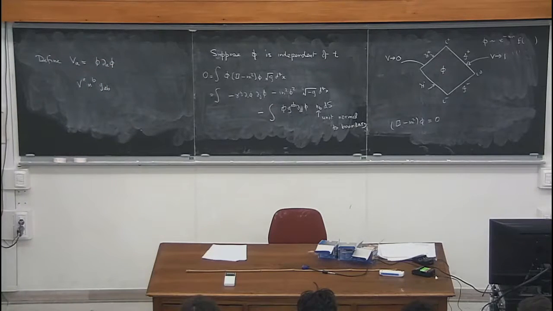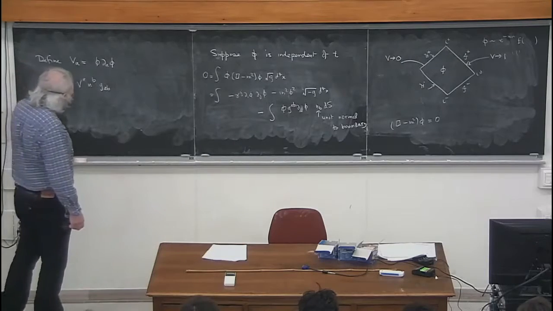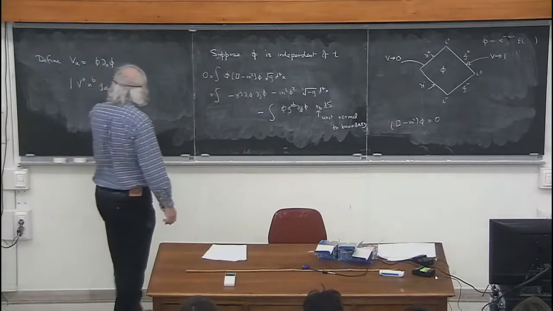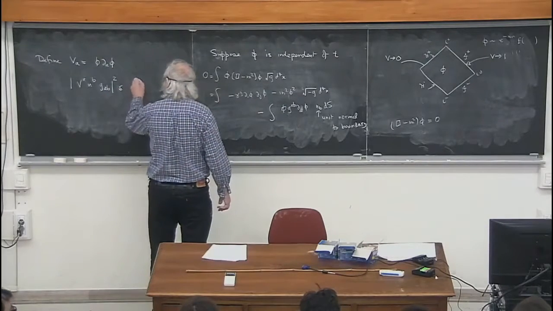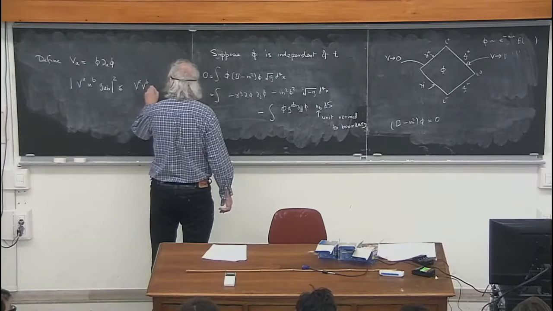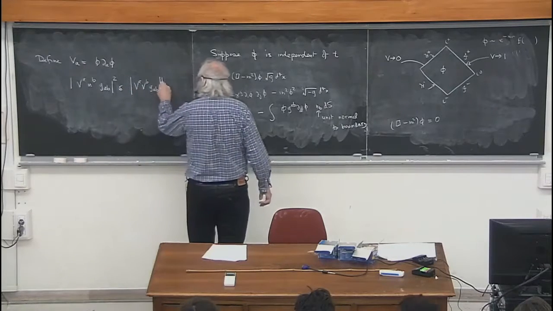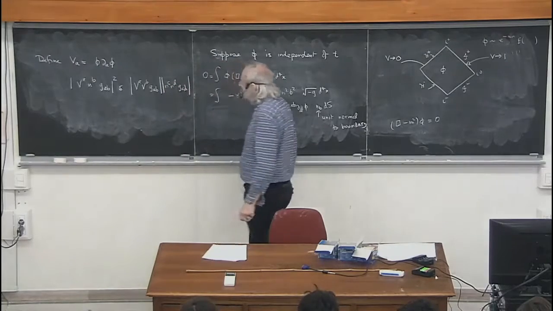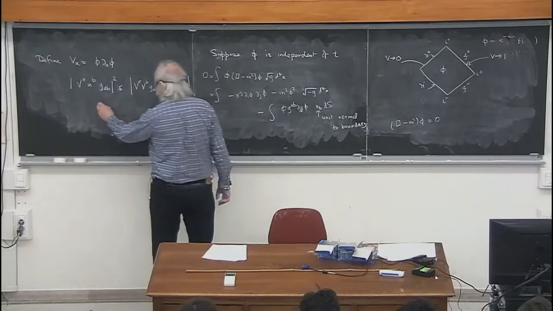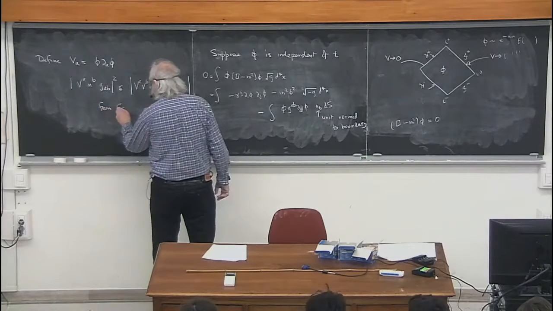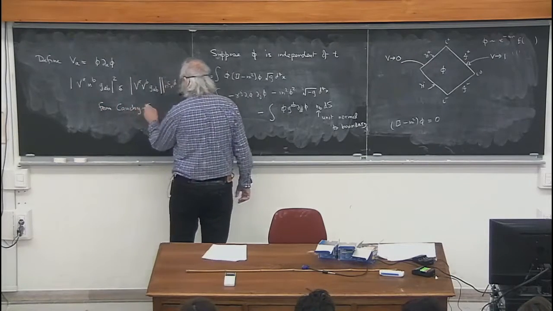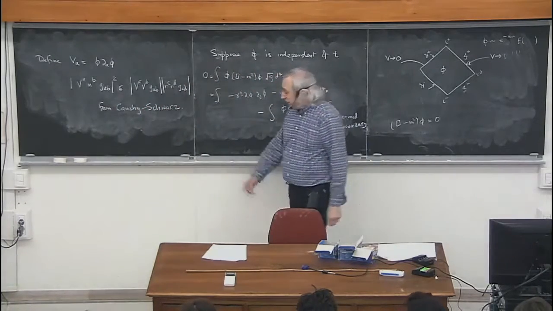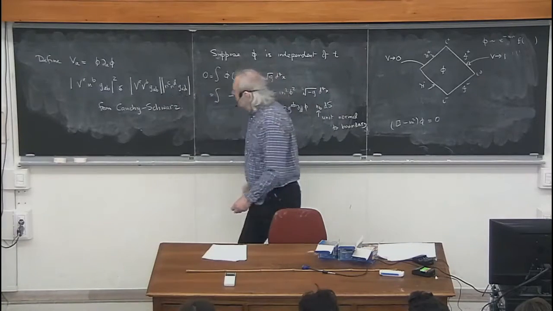However, that thing is a bit of a mess, but the Cauchy-Schwarz inequality tells you that the square of this must be less than or equal to V_a V_b g^ab modulus n_c n_d g^cd, from Cauchy-Schwarz. But on the boundary, which is the horizon, n is null, so this is 0.